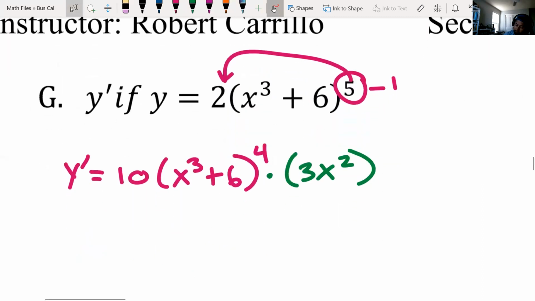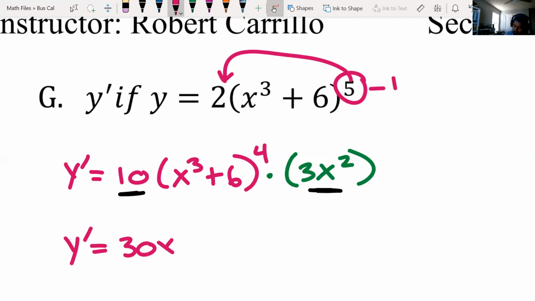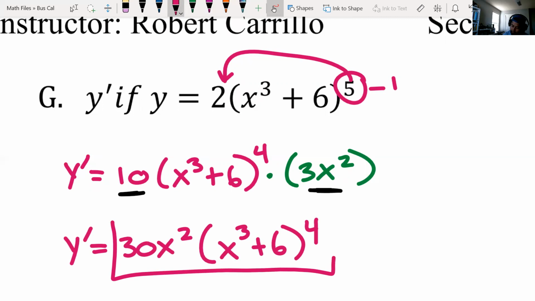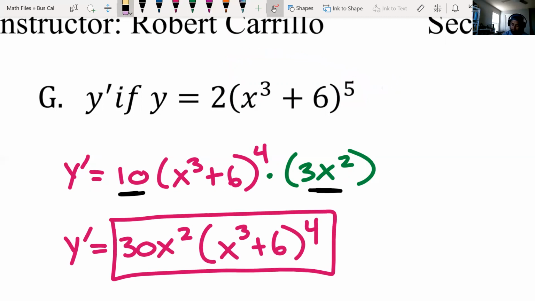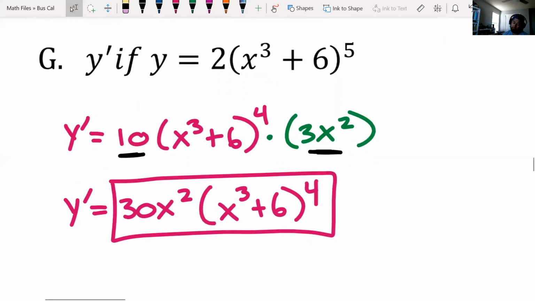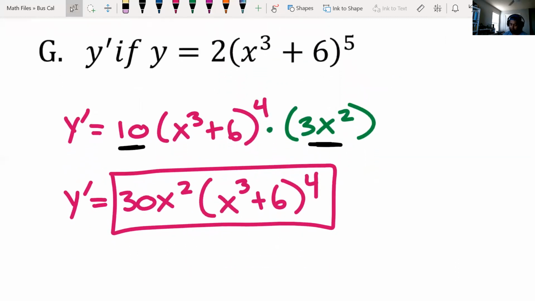All right. And once again, multiply that number by that number, and we get 30x squared times x cubed plus 6 to the fourth. All right, not bad.